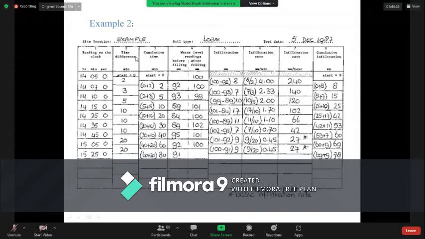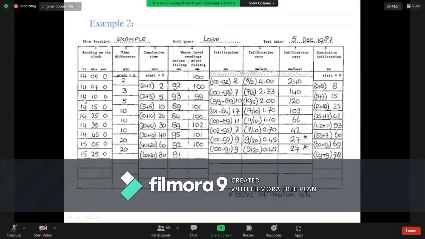The second column is time difference, meaning time interval. It's in minutes. So first they start at 14 hours and 5 minutes. They take the first reading at 14 hours, 7 minutes. So the interval between these two readings is 2 minutes.